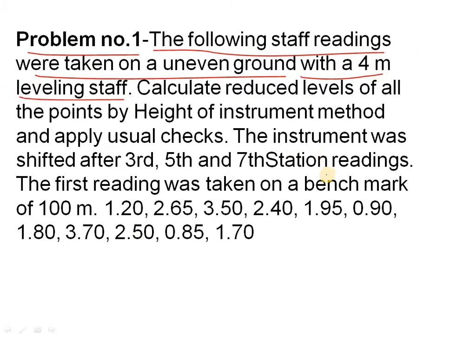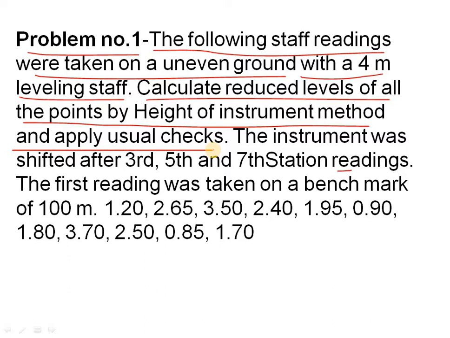Calculate the reduced levels of all the points by the height of instrument method and apply the usual checks. Usual checks, we have the arithmetic check. Whatever calculation we have done, we have to check by the formula.